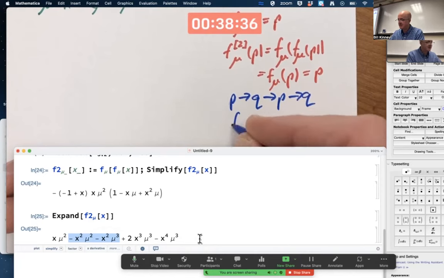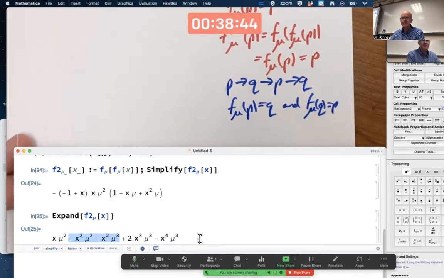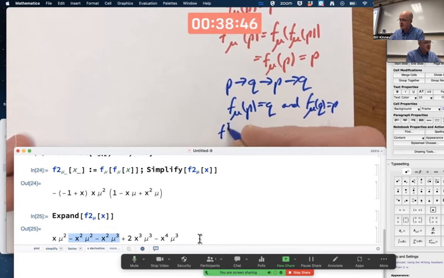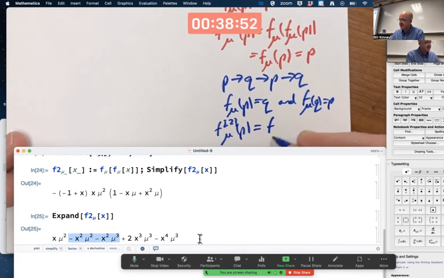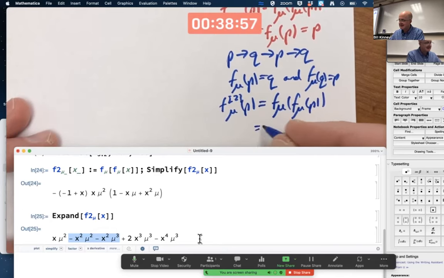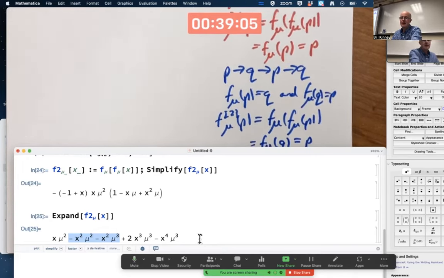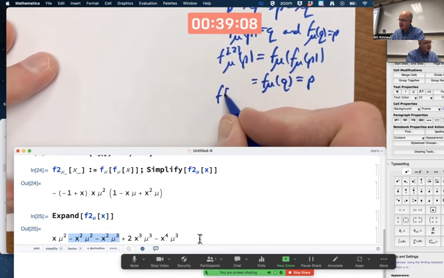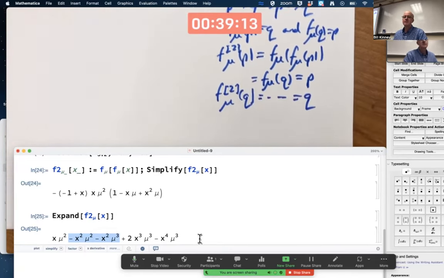So what I mean here is f mu of P equals Q, and f mu of Q equals P. That's going to mean f2 mu of P is f mu of f mu of P is f mu of Q is P. And a similar kind of calculation would show f2 mu of Q equals Q.